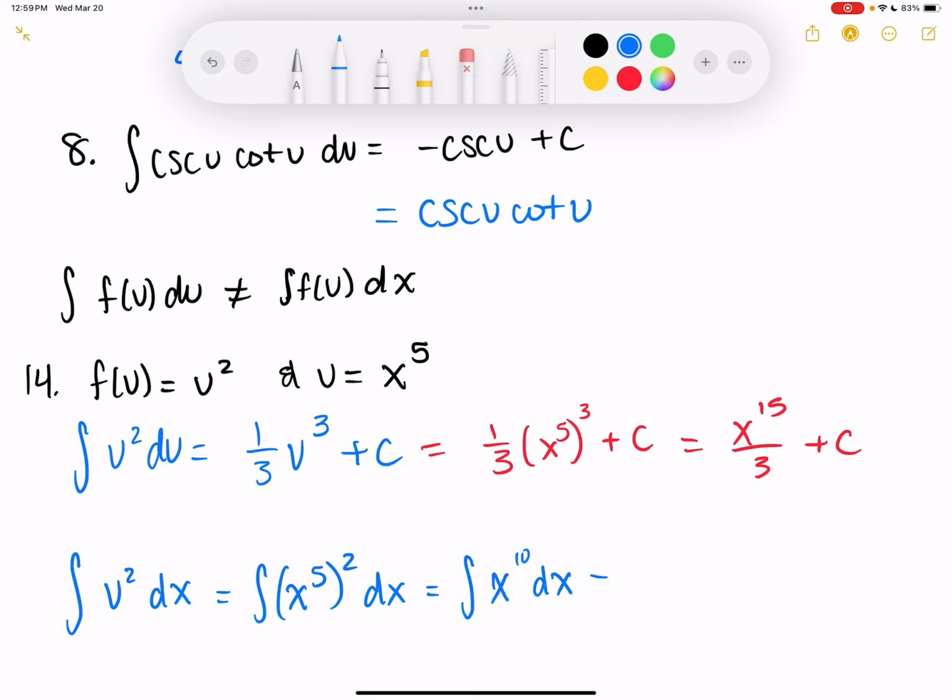When I take the antiderivative of that, what do I get? One over 11 x to the 11th plus c. Yep. So these two things are not equal, and so we have verified that this was true.